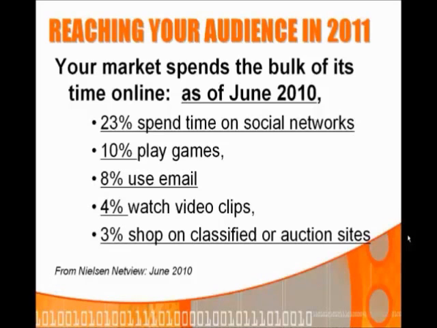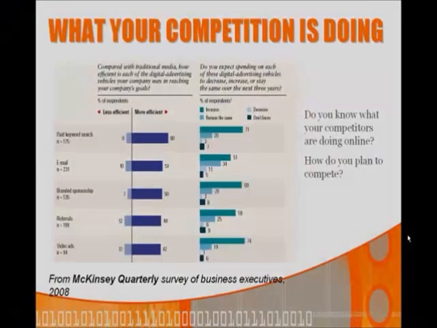4% watch video clips on sites like YouTube.com, and 3% shop on classified or auction sites like Craigslist and eBay. If you sell consumer goods, some of those people could be your customers, or at least they used to be your customers. Now, these figures tell us two things. Number one, the majority of internet users are consuming social media. That's a given.